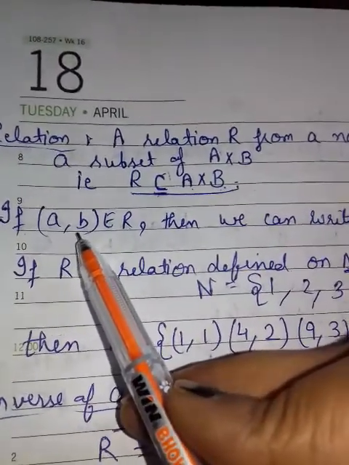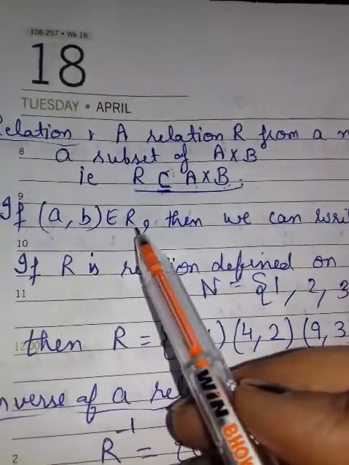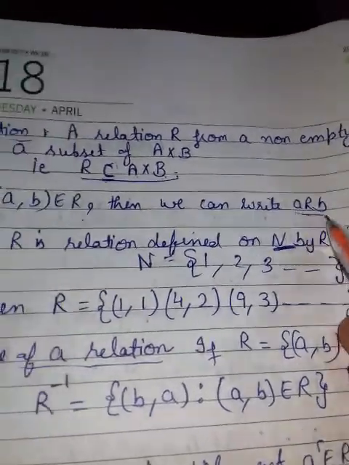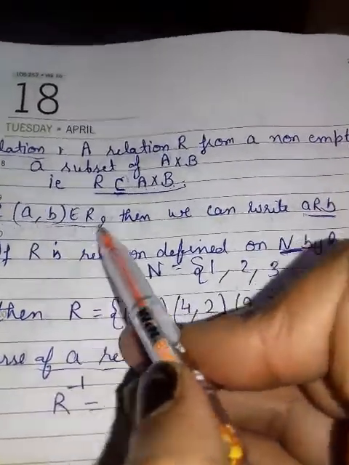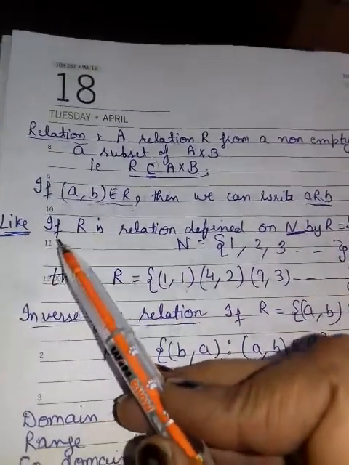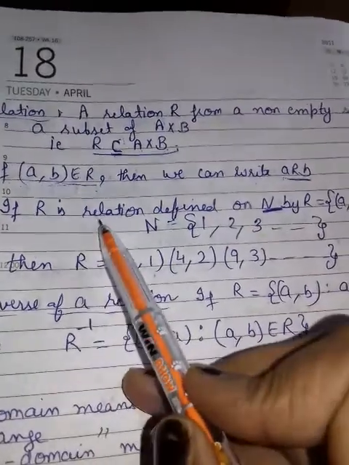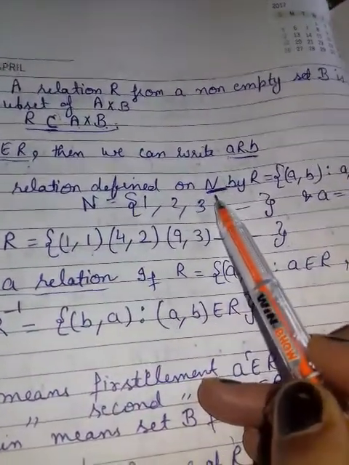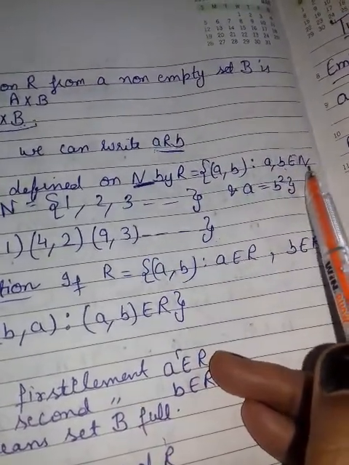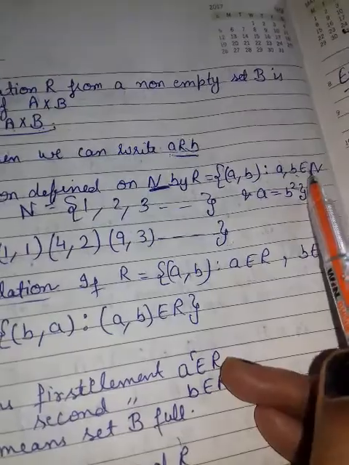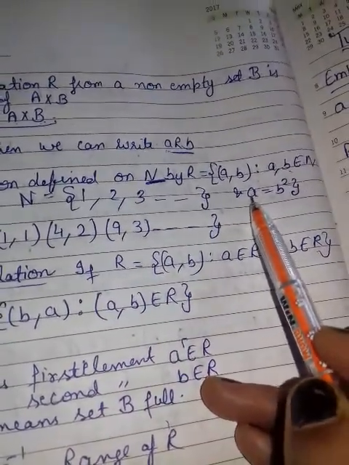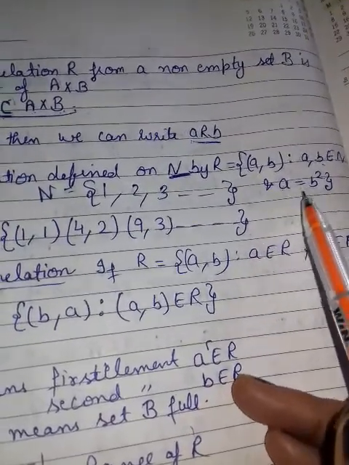Suppose I give one example. If (a, b) belongs to R, then we can also write this as a R b. Both have the same meaning: a is related to b. Next, say R is a relation defined on N, the natural numbers, on (a, b) where a and b belong to N, and you have to take this relation in the sense that a is equal to b square.